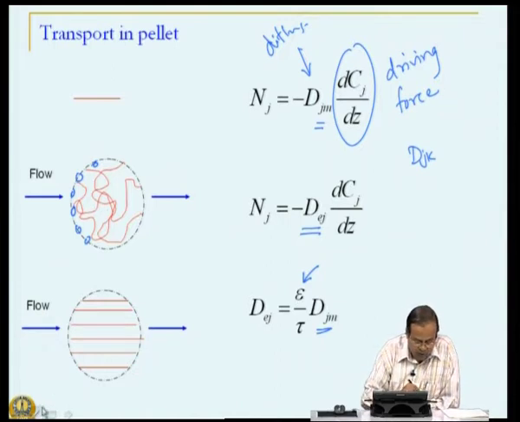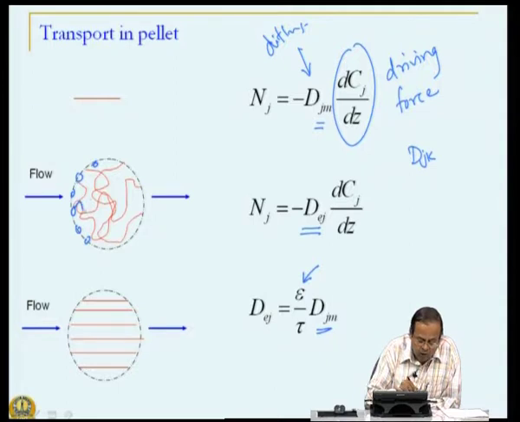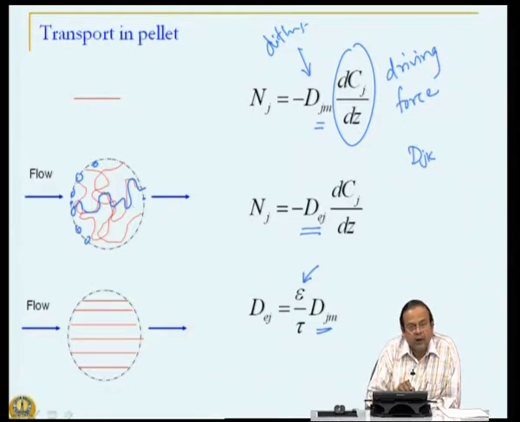For example, inside the catalyst pellet, the material may flow changing directions several times, or in other words, the path that a gaseous reactant molecule actually travels is much more than the path as represented by this x axis, that is from this end to this end. So, the diffusion rate therefore decreases because it has to now travel a longer path.